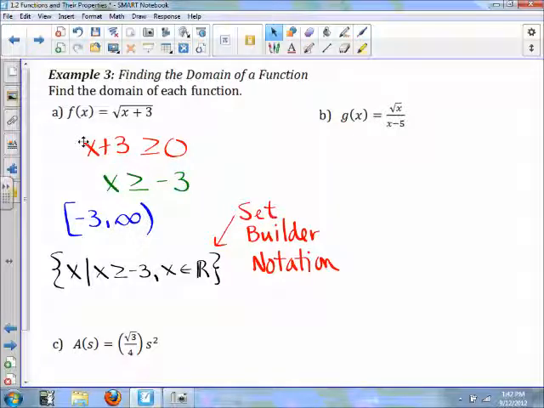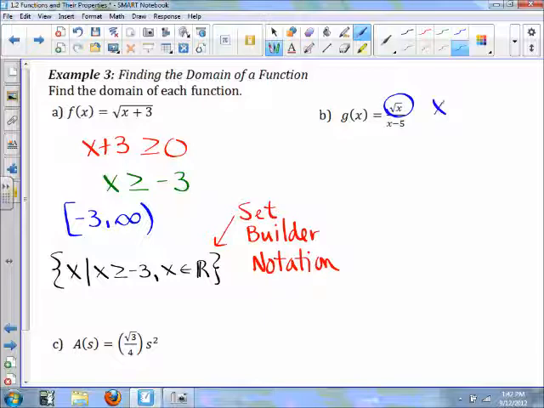Now, if you look at B, we know from here that x has to be greater than or equal to 0. From the bottom, x cannot equal 5 because x minus 5 cannot equal 0, therefore x cannot equal 5.